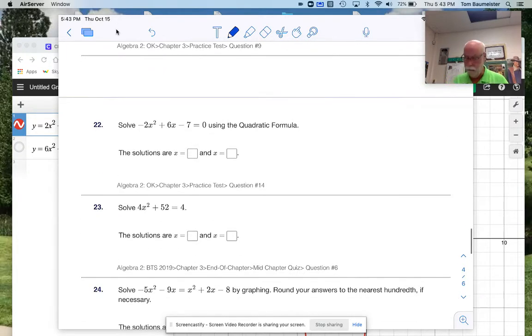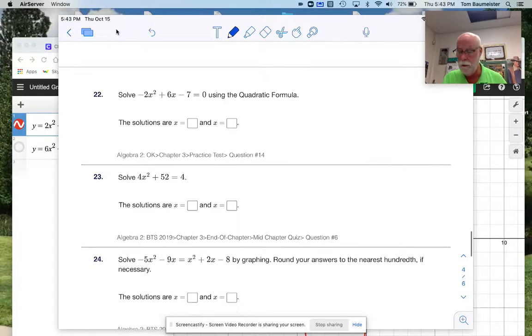All right, 22 says using the quadratic formula. I'm almost done. Well, so on this one here, I already told you what the quadratic formula was, so I'm not going to redo that.